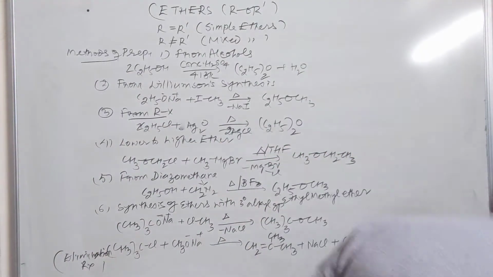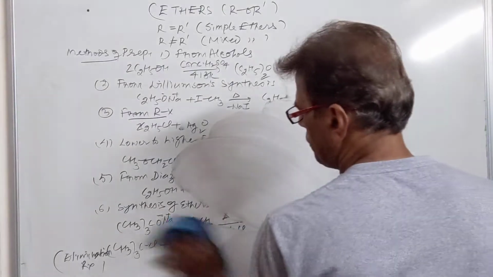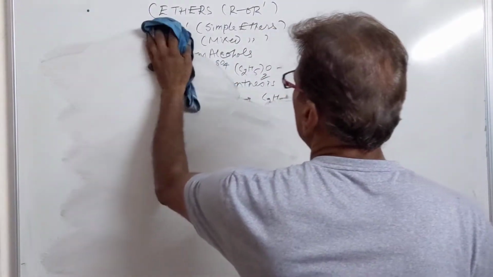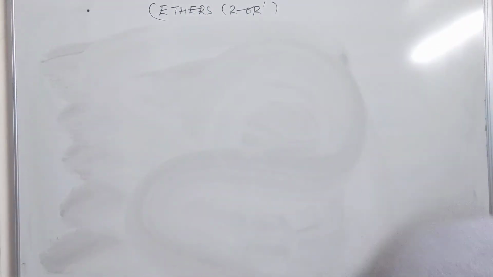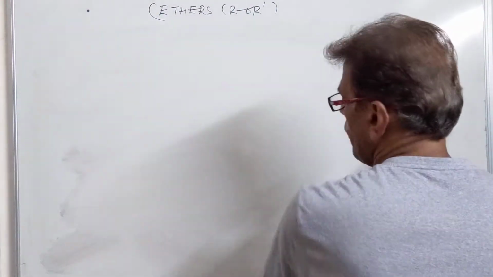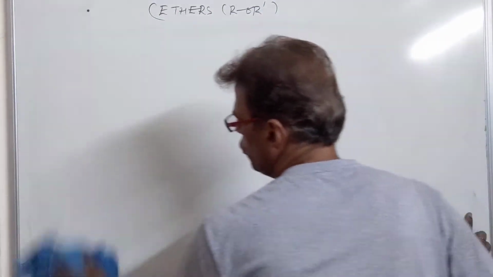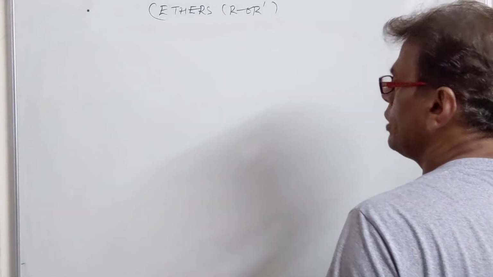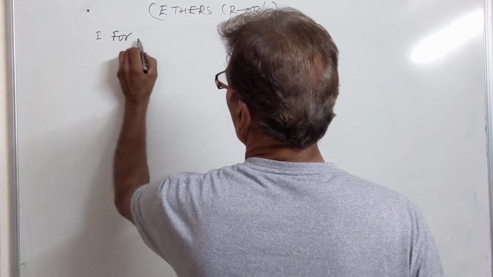Then we have the chemical properties of ethers. In ethers we have oxygen, which contains two lone pairs of electrons. These lone pairs can be utilized in the formation of oxonium salts with acids. So the first reaction is action of acids, formation of oxonium salts by ethers.